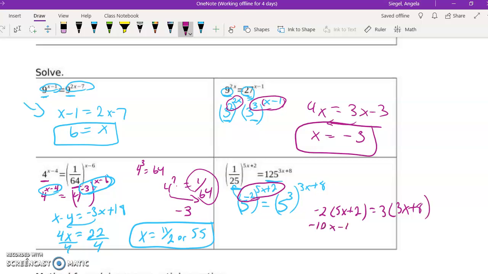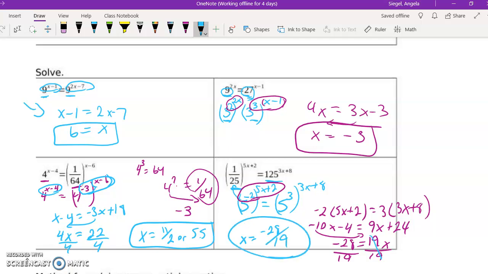So I have negative 10x minus 4 equals 9x plus 24. And then let's see, I'll add this 10 over. So I have 19x equals negative 28. Divide by 19. Ugh, that's not going to be a nice number. So I have x equals negative 28 over 19 for my final answer.